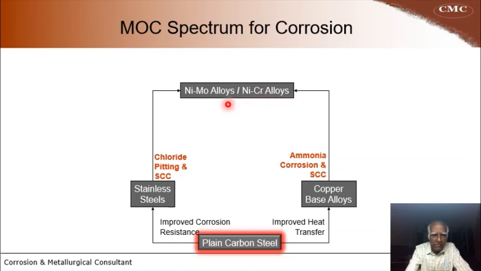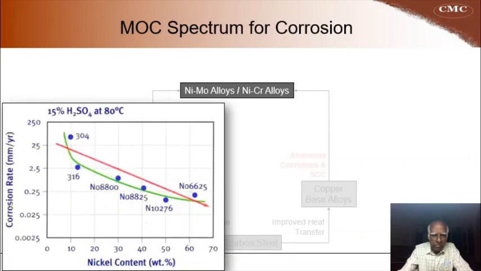The basis of selection of nickel-based alloys are shown in the next slide. Here you can see the effect of nickel content on the corrosion rate of steel. The more and more you add nickel, the corrosion rate comes down.